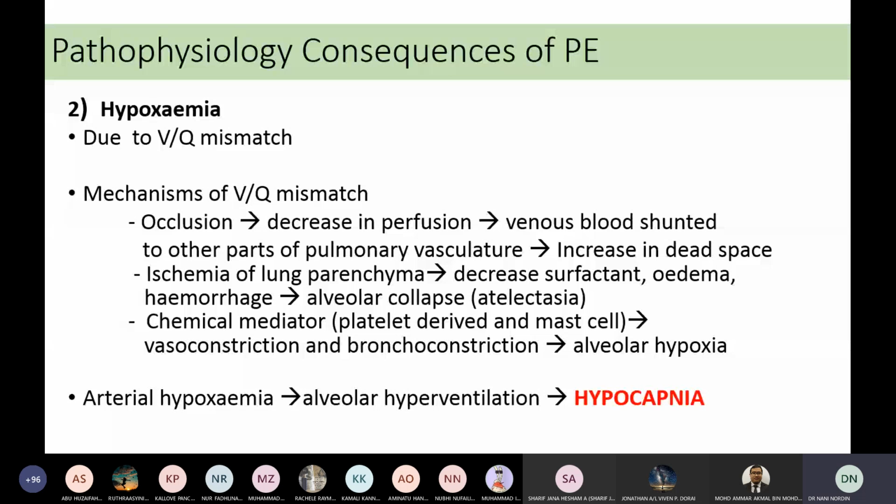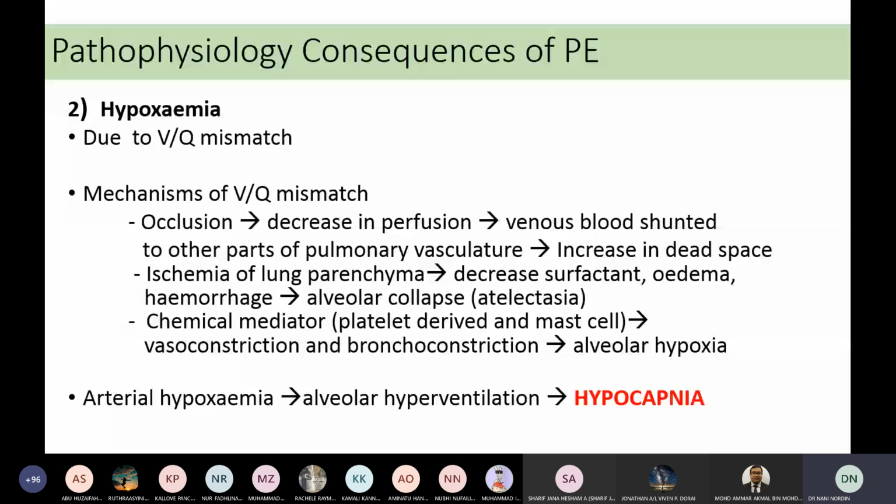So the end result is oxygenated blood in the vessel. If you don't have any perfusion at all, then there is no oxygenation of the blood. But with less blood flow to an area with more ventilation, you will actually have quite a high oxygen saturation.